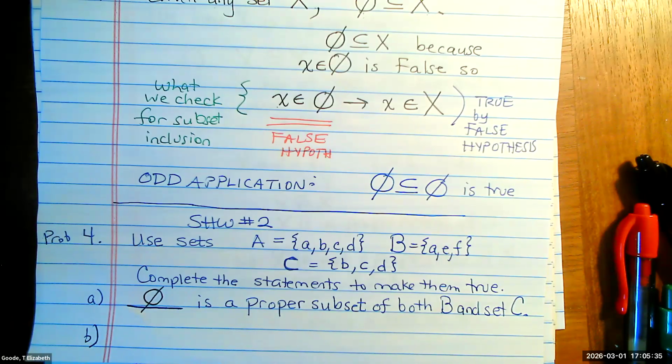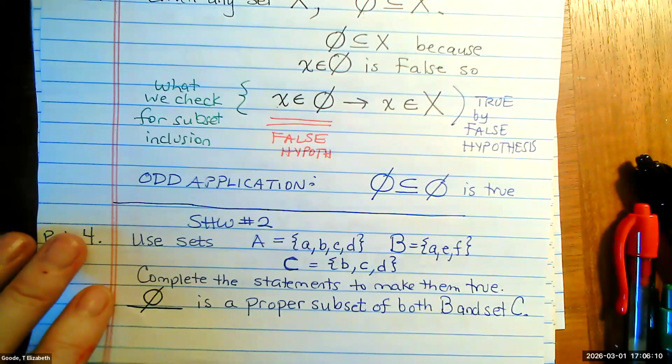This whole section, problem 4, was preceded by some stuff about the empty set. Okay? So that was supposed to kind of clue you in that this whole part was about thinking about the empty set.